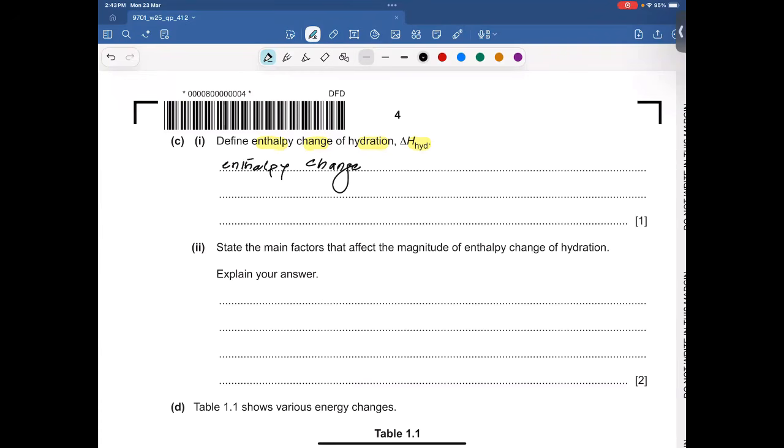Enthalpy change that occurs when 1 mole of gaseous ions is dissolved in water to give an infinitely dilute solution.